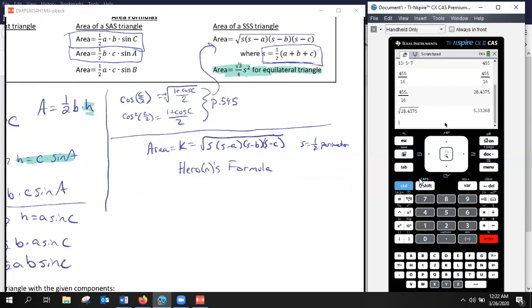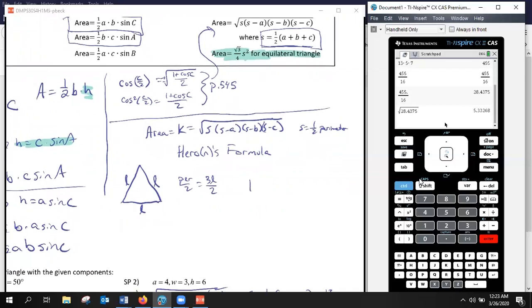With an equilateral triangle, let's call that side length L. If we take our perimeter and divide it by 2, that would be 3L divided by 2. So if we applied Heron's formula, our area is going to be the square root of 3L over 2 times 3L over 2 minus one side length, which would be L. And we do that actually 3 times total, so I'm going to cheat and just call that cubed.